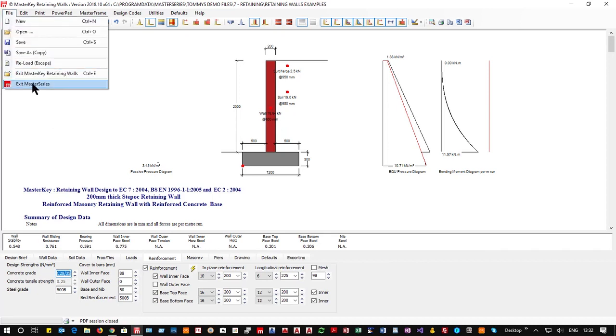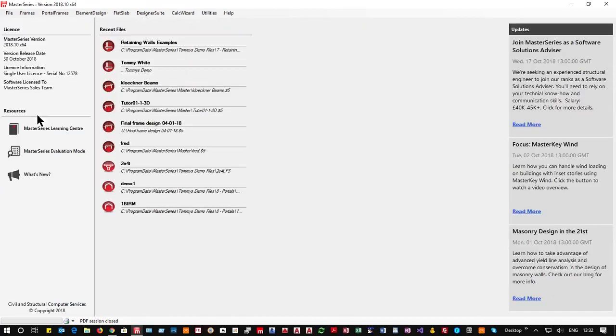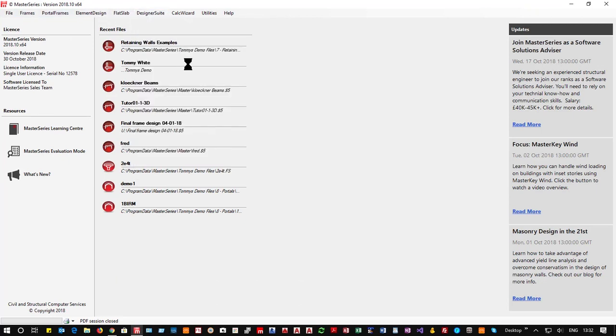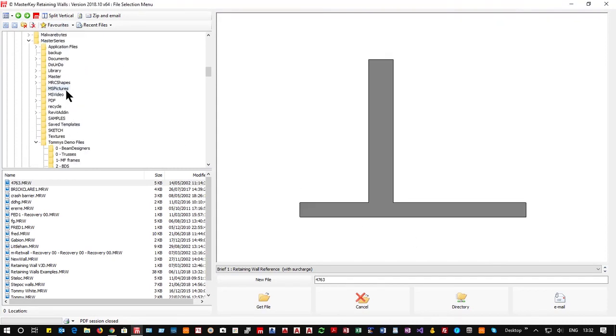So I'm going to come out of here for a second, and I'm going to start a brand new file, and I'm going to call it a retaining wall. And what I'm going to do is I'm going to go to my library file.